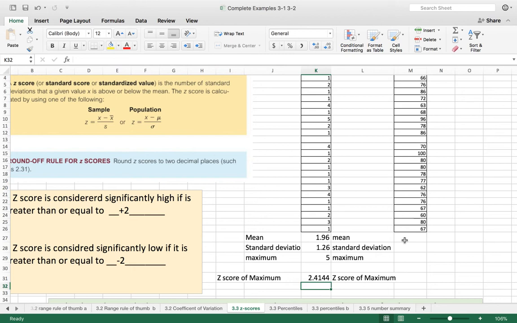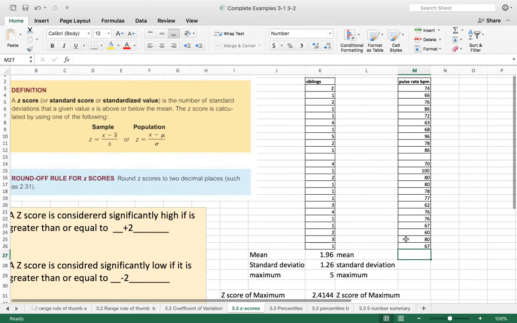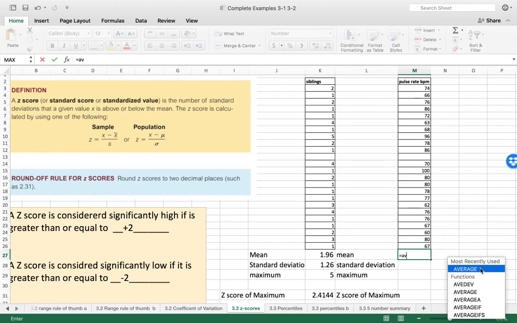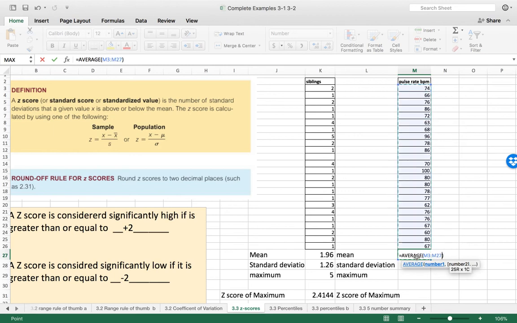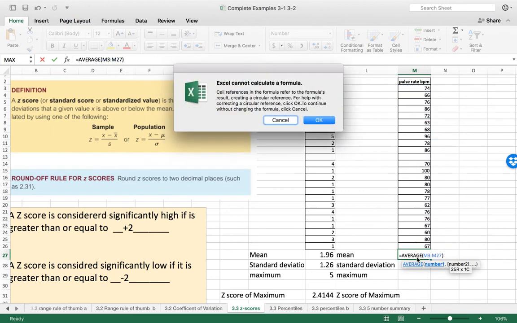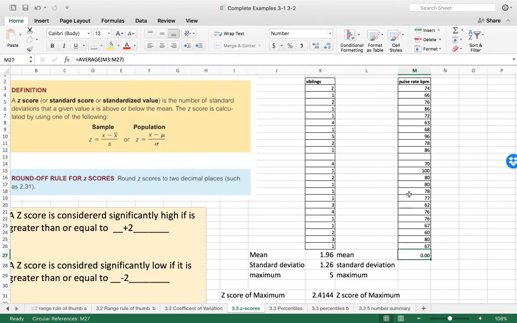Okay, now we'll go to the pulse rates. We'll find the mean. Circular value again. M3 to M26.